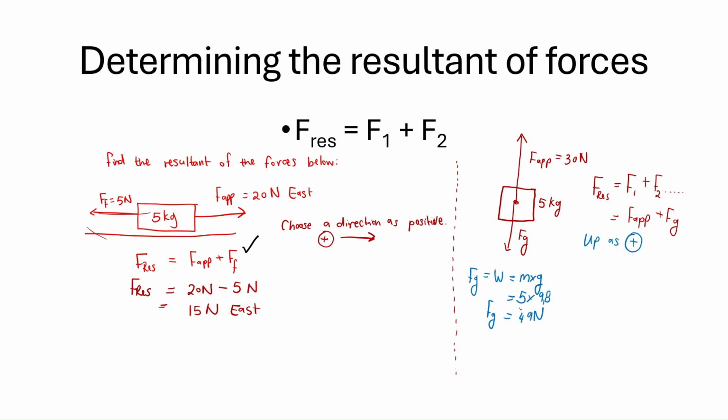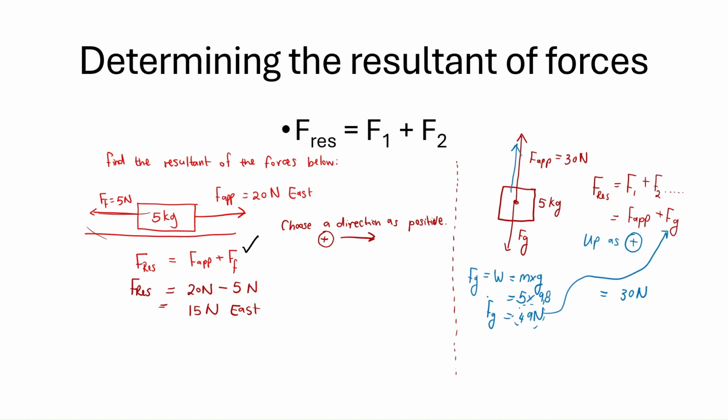We can now very easily make the substitution into that equation. So we are now going to say, well, the F applied is 30 newtons, and in which direction does that occur? It occurs upwards. It's being pulled upwards. You guys can see it's going up, and the force of gravity is going downwards, and we said up is positive, so whatever the force of gravity is, if it pulls downwards, there's got to be a negative.